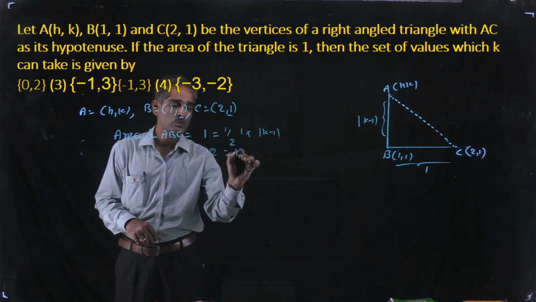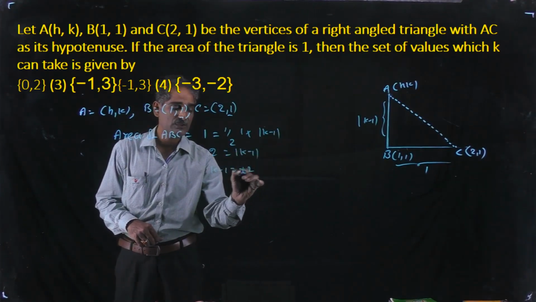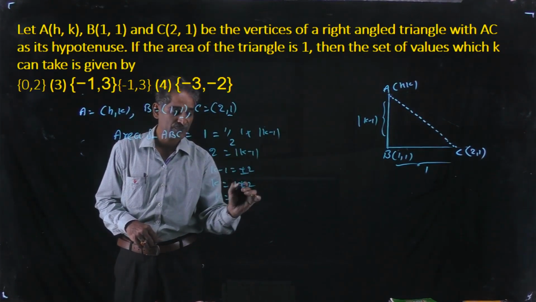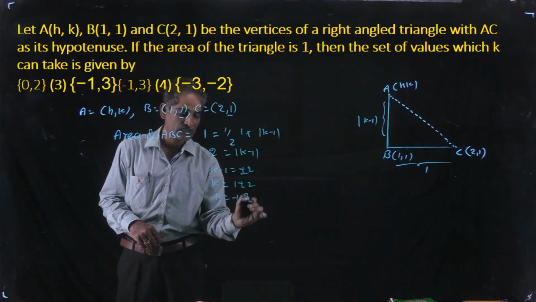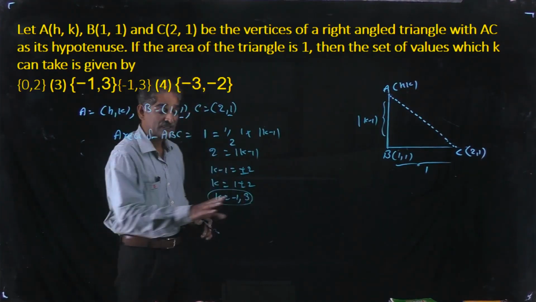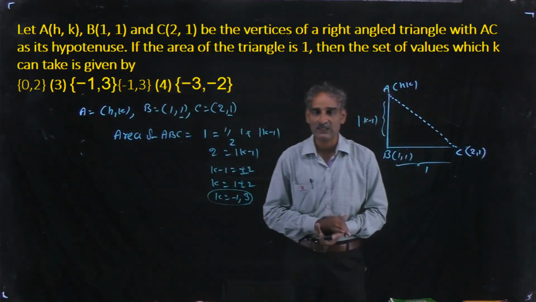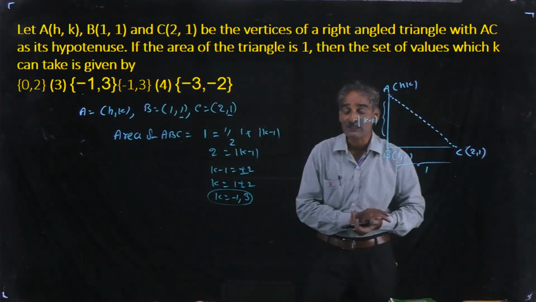So 2 is equal to mod k minus 1, so k minus 1 is equal to plus or minus 2, and k is equal to 1 plus or minus 2. The values of k are 1 plus 2, that is 3, and 1 minus 2, that is minus 1. There exist 2 values for k, one is minus 1 and another one is 3, to form a right angle triangle with area 1 unit.